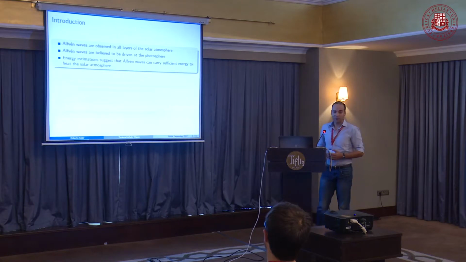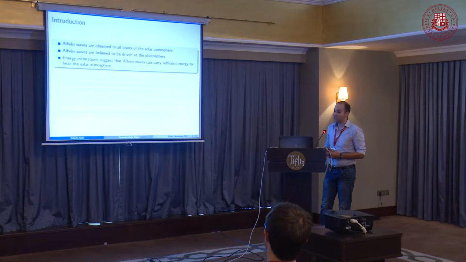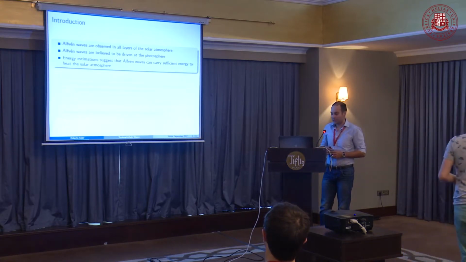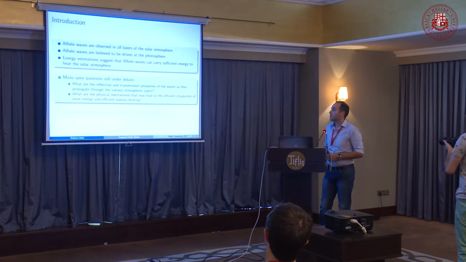The very presence of these waves is very important because energy estimation suggests that this kind of wave can carry sufficient energy to maintain the temperature of the solar atmosphere. But of course there are still a lot of questions under debate.